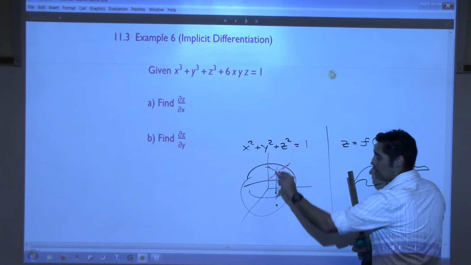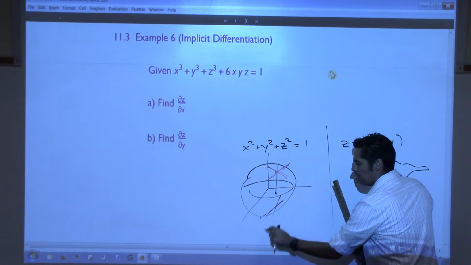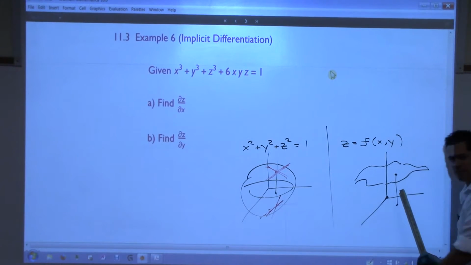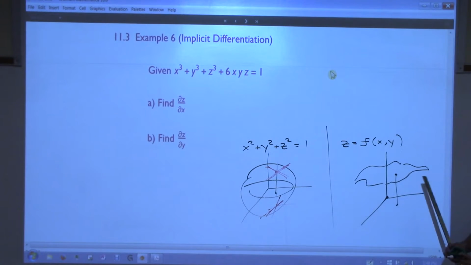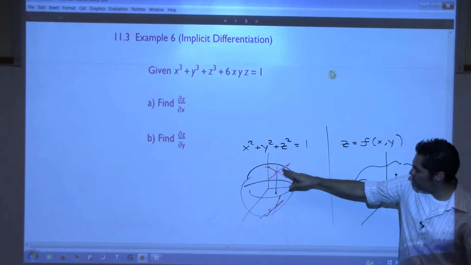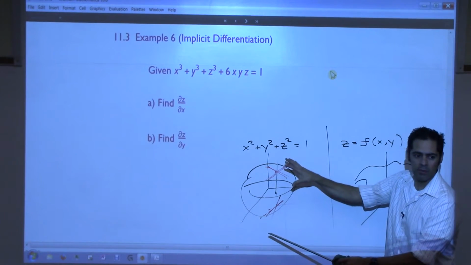Even though there's another point on the other side. We should be down there and be able to point parallel to the x and y axes and still get 2 different answers. Yeah? Our way around this trouble is implicit differentiation. It allows us to still pick these up, even though this is not a function of x and y anymore.